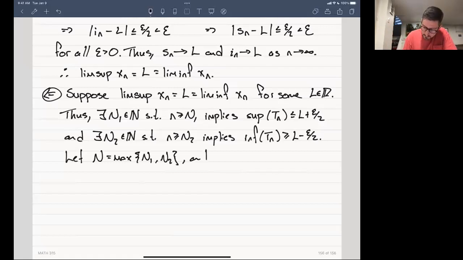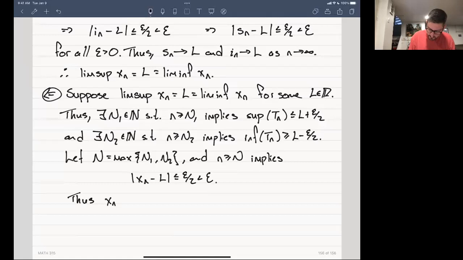And so if n is greater than or equal to capital N, redoing the steps from above, we get that |xn minus L| is less than or equal to epsilon over 2, which is less than epsilon. But this tells us that xn converges to L as n goes to infinity.